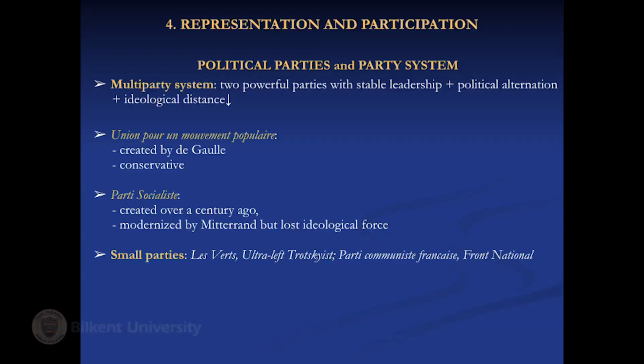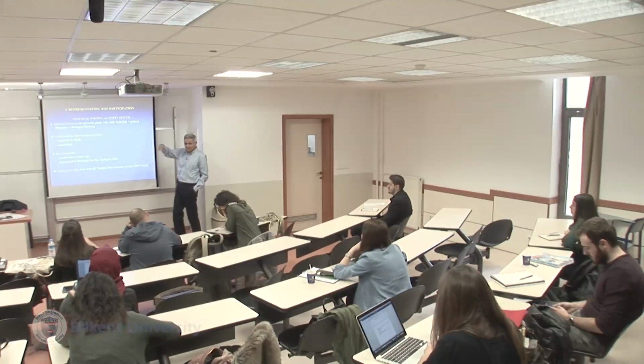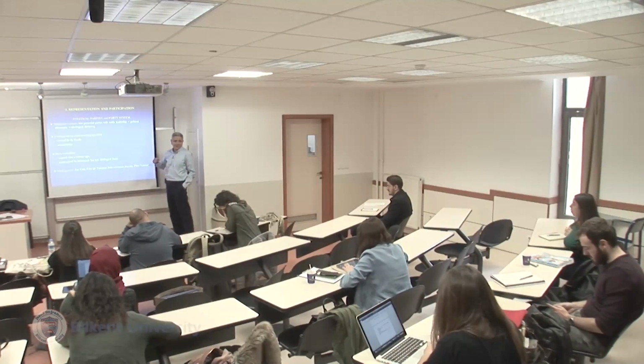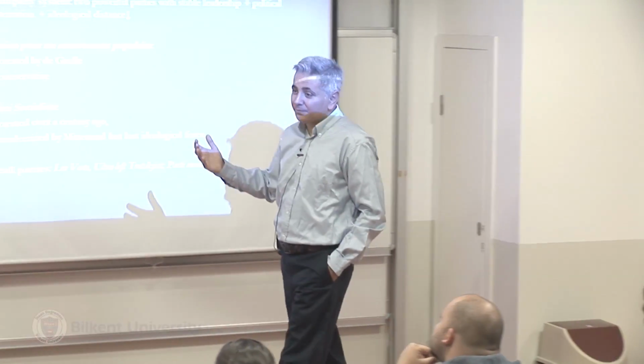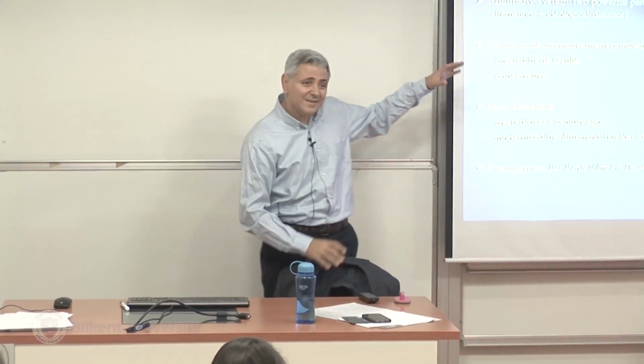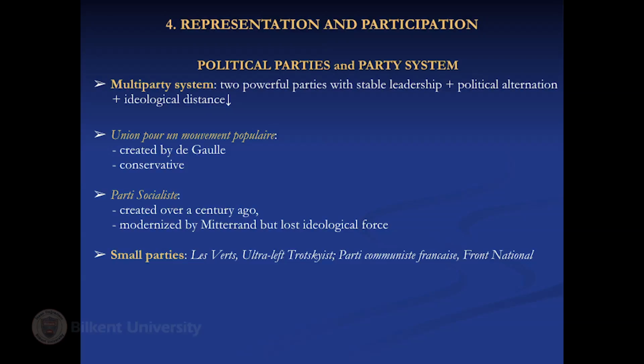Smaller parties have been gaining strength from the left, the Greens, ultra-left Trotskyists, the Parti Communiste Français, to the Front National, Marine Le Pen's, what used to be her father's, Jean-Marie Le Pen's party, now led by Marine Le Pen, which has been really exciting for many Frenchmen as well as French women. So this is, in a way, what the party system looks like. And these are the largest parties with the smaller parties.